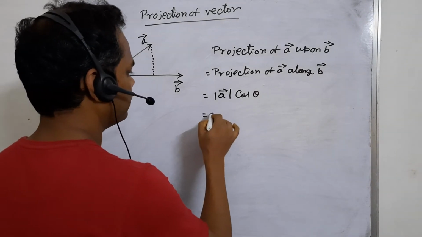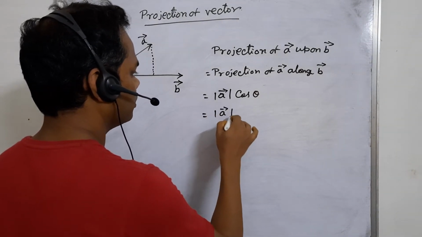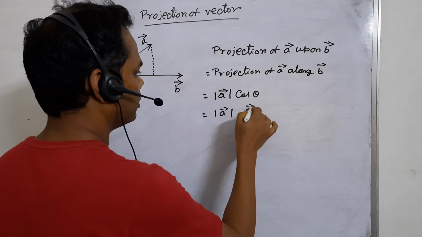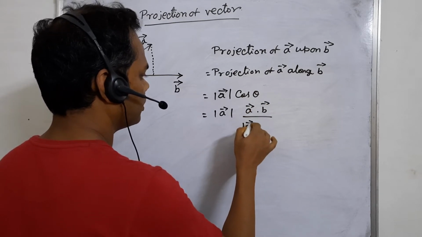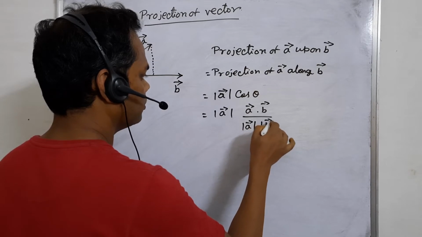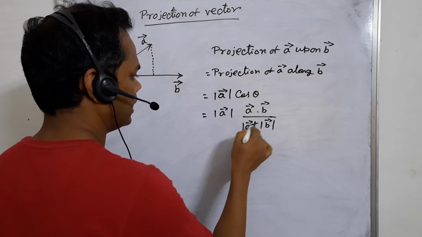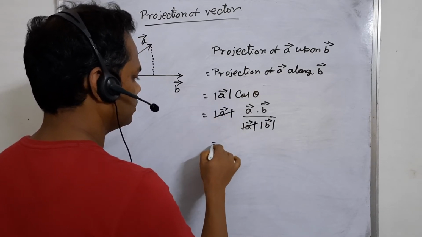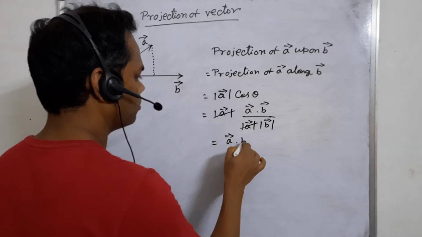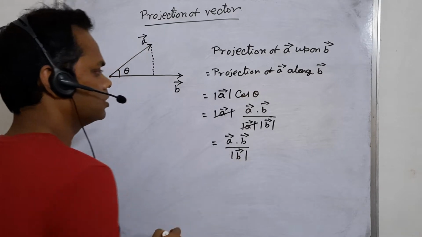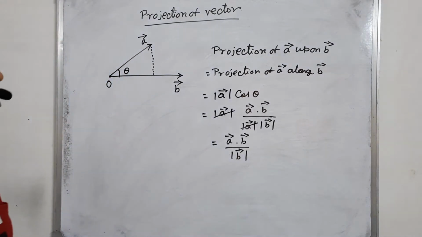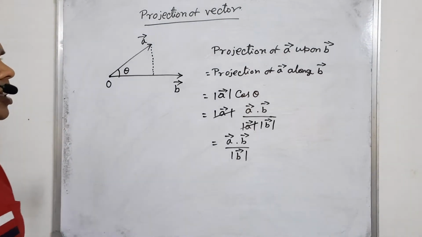So the magnitude is modulus of a times cos theta, which is a vector dot b vector by modulus of a vector by modulus of b vector. By cancellation of these two, this becomes a vector dot b vector by modulus of b vector. This is the magnitude of the projection of a along b, or in the direction of b.